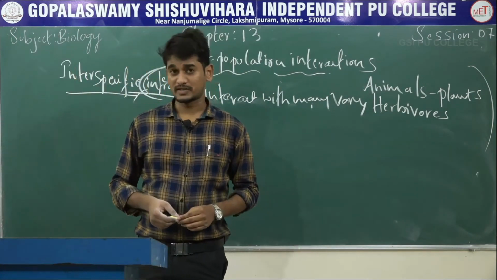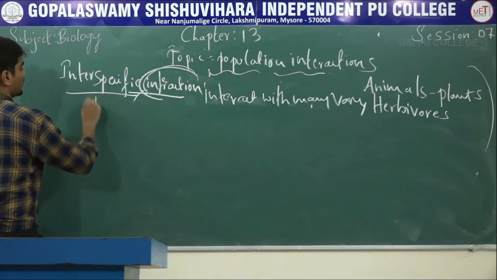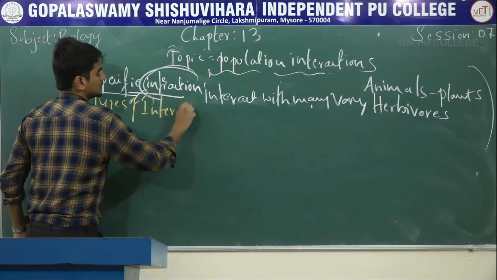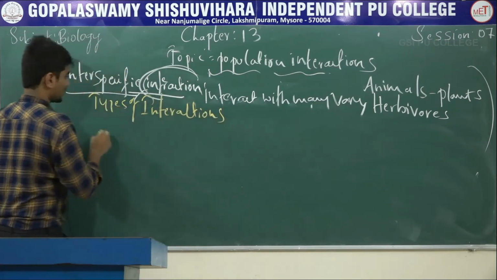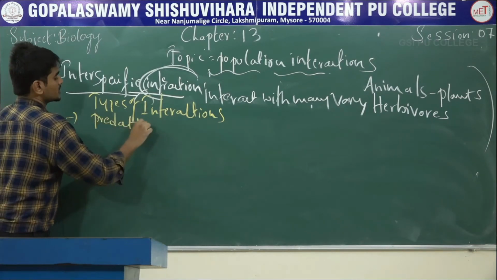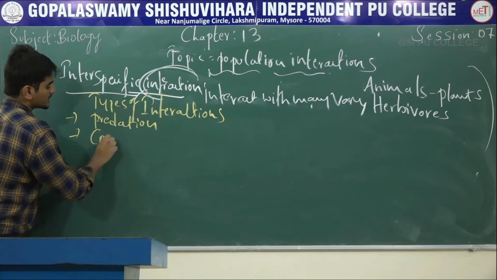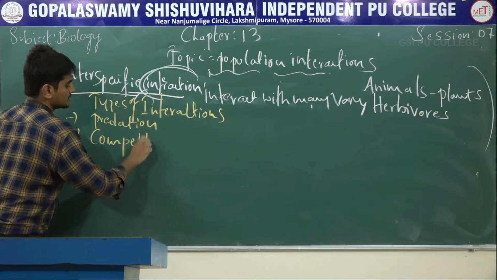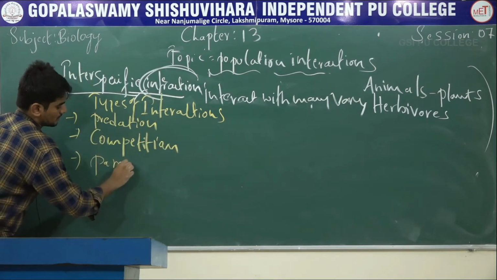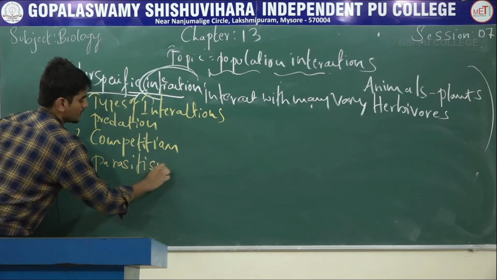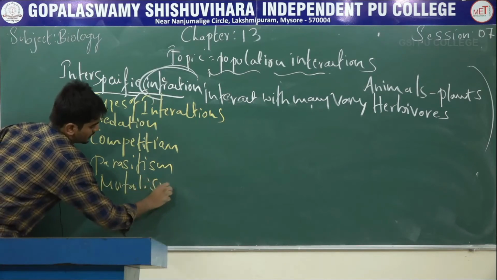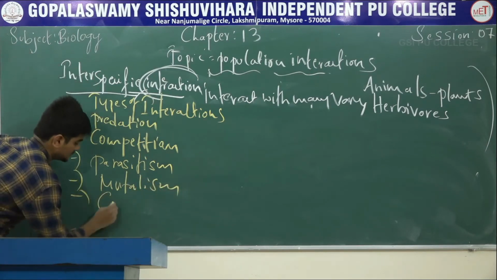So there are these types of interactions: number 1, predation; number 2, competition; number 3, parasitism; number 4, mutualism; number 5, commensalism.